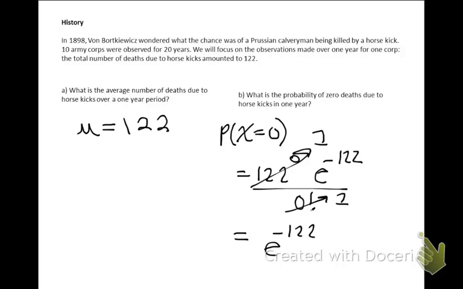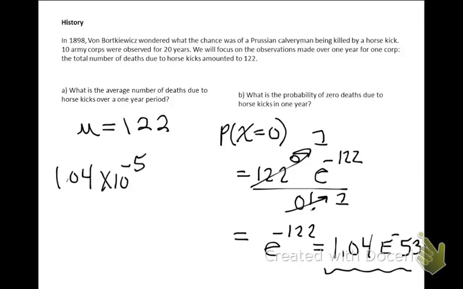And when you type this in your calculator, it'll give back 1.04 e negative 53. Just in case you're not familiar with this notation, this is scientific notation on your calculator. It really means 1.04 times 10 to the negative 53rd power. It means 1.04 with the decimal moved a total of 53 decimal places.